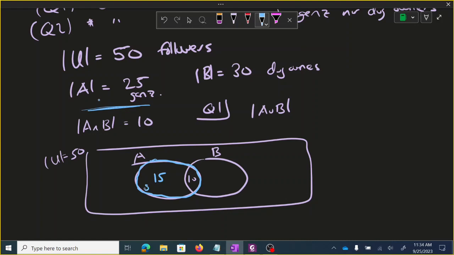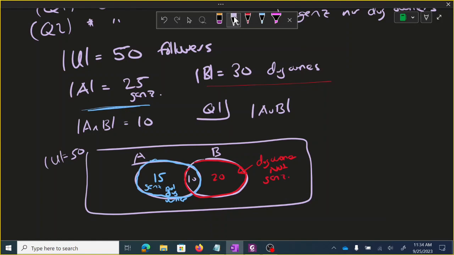That is, you are Gen Z and you're not a dog owner. Likewise, we have this total piece needs to be 30, which means this piece here would have to be 20. And that there is yes, dog owner, not Gen Z.